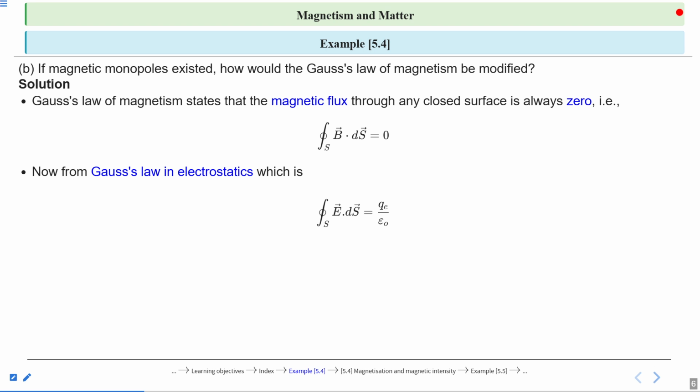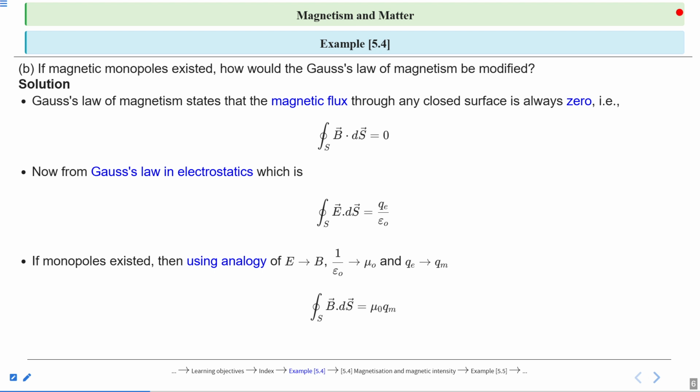If magnetic monopoles existed, then the Gauss law for magnetism would be analogous to the Gauss law in electrostatics. Replace E with B, replace 1 by epsilon naught with mu naught, and replace Q E, the electrostatic charge, with Q M, the pole strength. By drawing this analogy, you can determine the Gauss law of magnetism if monopoles existed.